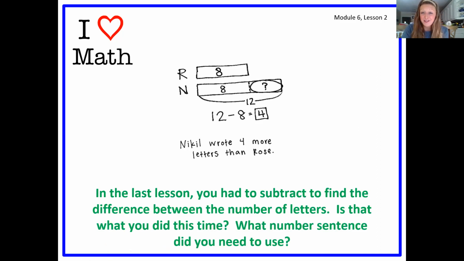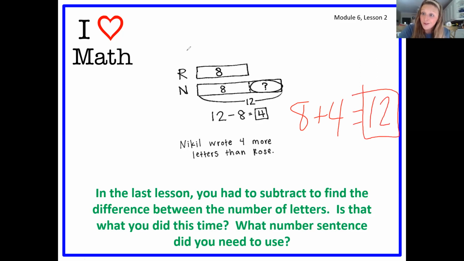So in the last lesson, we had to subtract to find the difference between the numbers or letters. So what did we have to do this time? Right, we added. So what we had to do was 8 plus 4 got me to 12, and 12 was the total.